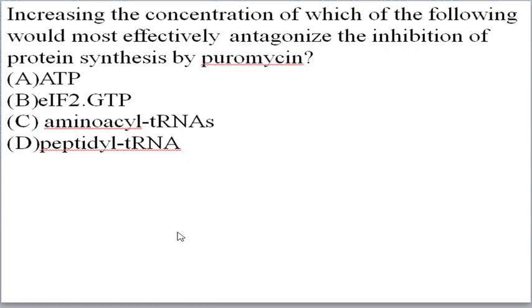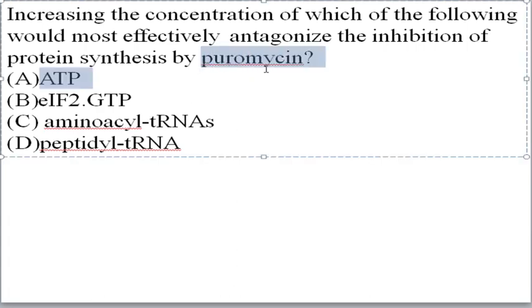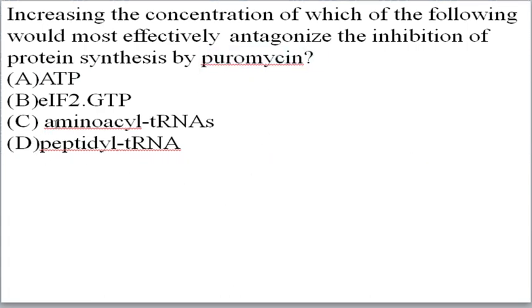Puromycin is mimicking the 3' end of an amino acid. So if we increase the concentration of amino acyl tRNA, then we can dilute the activity of Puromycin. By increasing the amino acyl tRNA to 60% or 80%, Puromycin will definitely become inactive. This is how the cells overcome the activity of Puromycin.